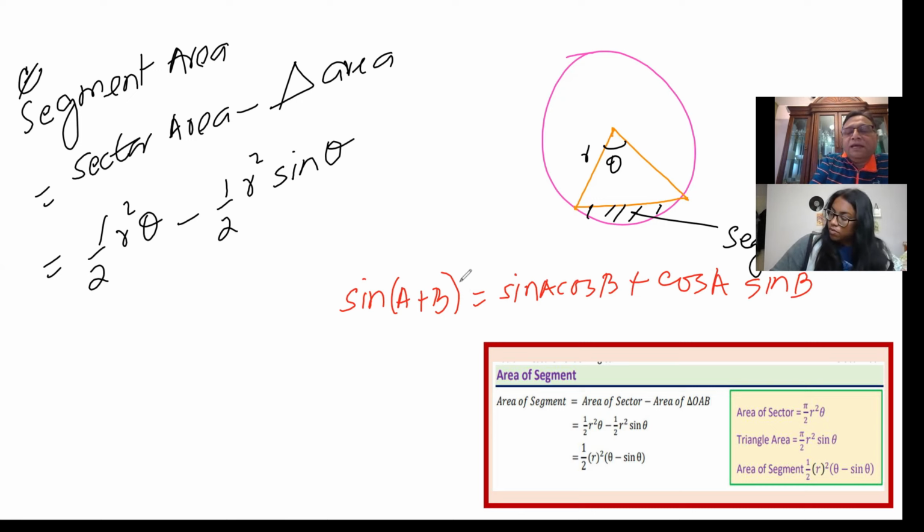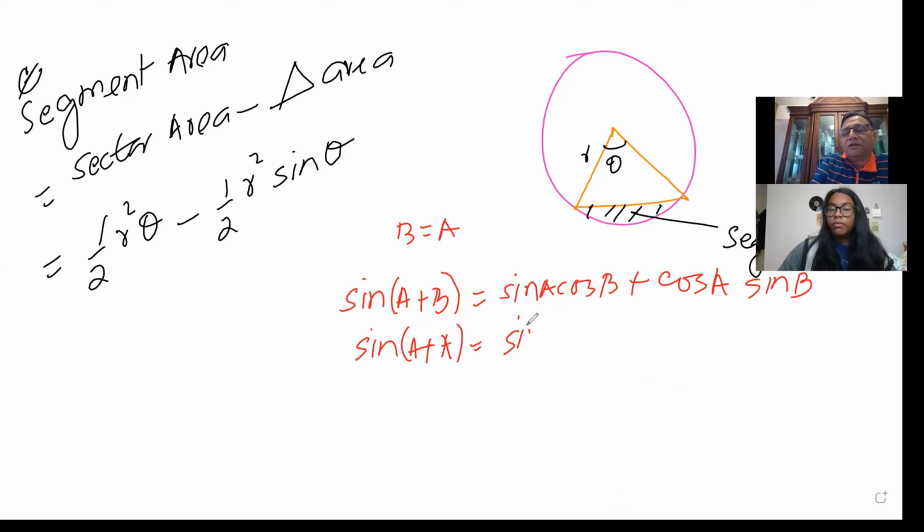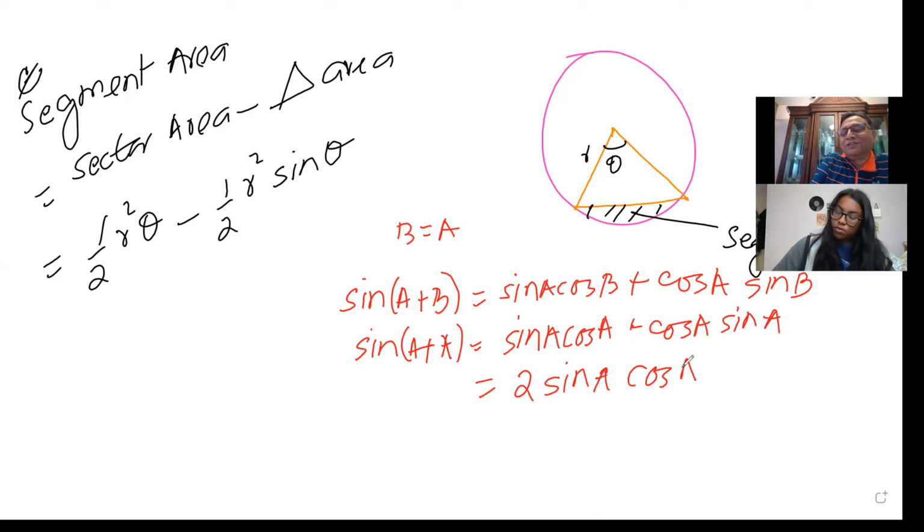If I make B equal to A, then it becomes sine A plus A, equals sine A cos A plus cos A sine A, which is the same as 2 times sine A cos A. That is sine 2A, since A plus A is 2A.